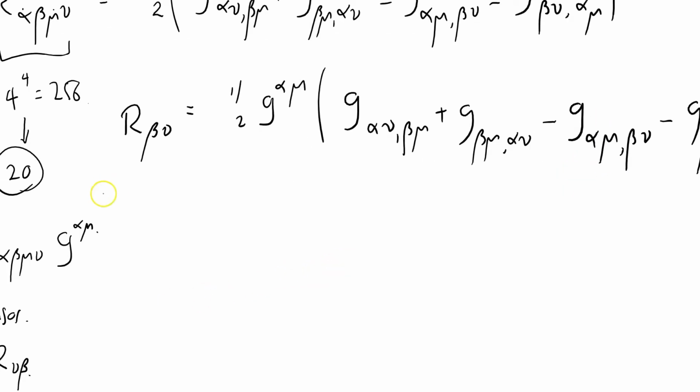And of course what I'm going to do is to subtract R nu beta, alpha mu times. So what was called beta is now called nu, g alpha.